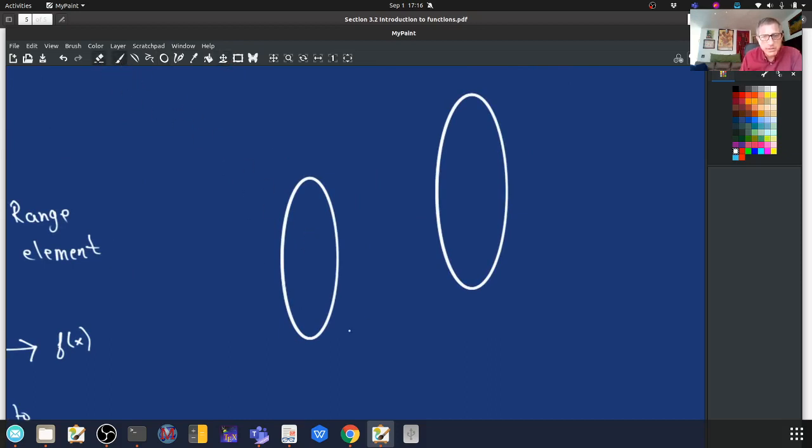So let's put, so this mapping here is my f. This is going to be the domain, and this is going to be the range. And let's put some domain elements in here.